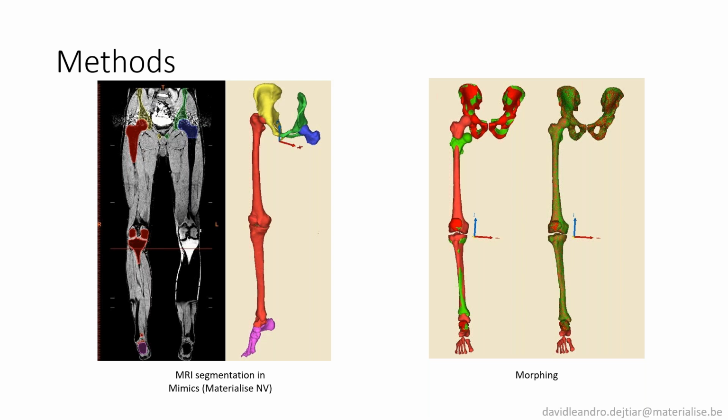Using our inertia axis alignment, we aligned those ones, and then we morphed the source mesh to the segmented one, and therefore scaled the muscle attachment points. We moreover defined joint centers and axes in 3-matic, also a software from Materialise, based on some landmarks.